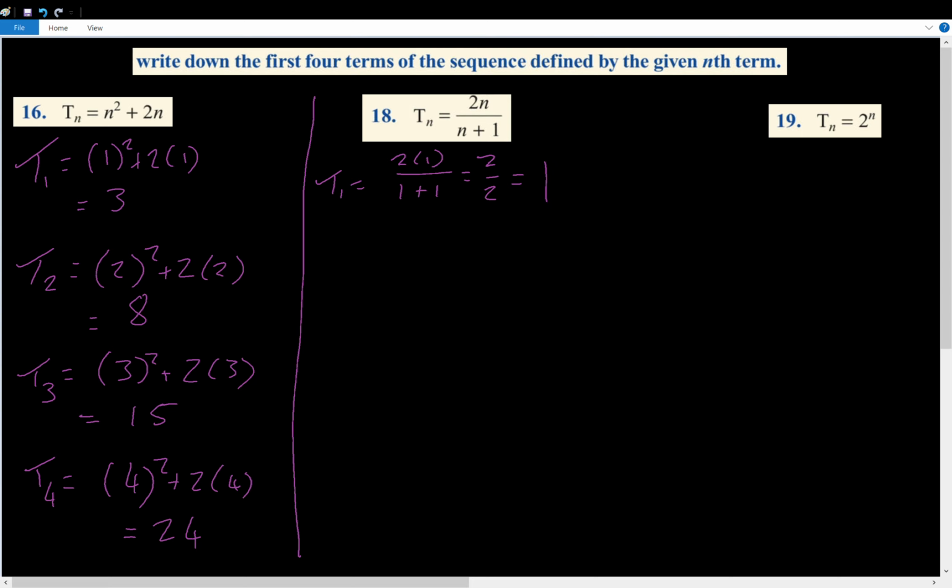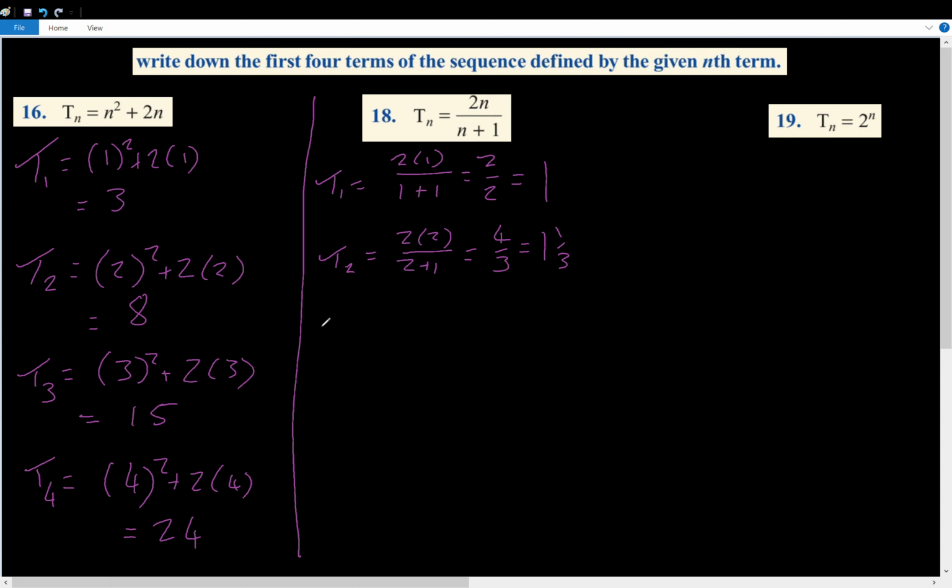So that's our T1. For T2, we're going to get 2 times 2 all over 2 plus 1, which is just equal to 4 over 3. Or if you want, that's going to be 1 and a third.